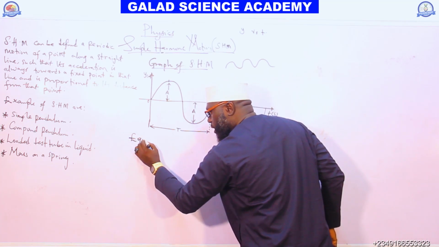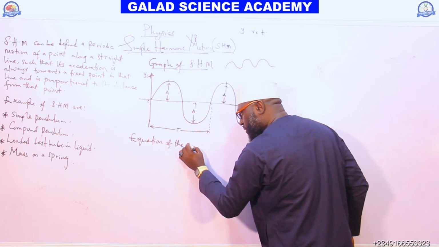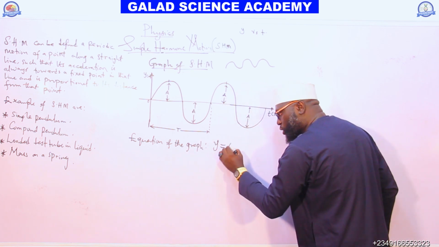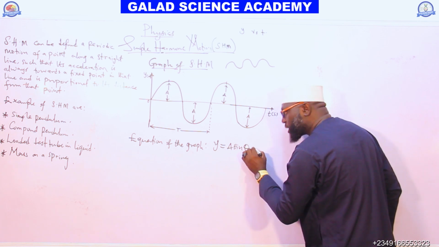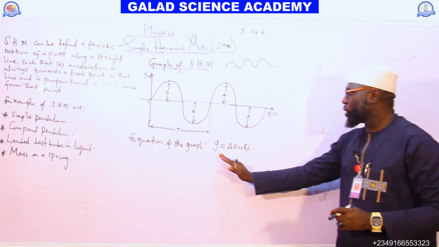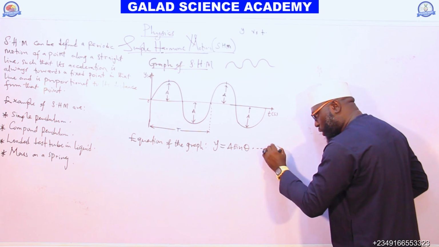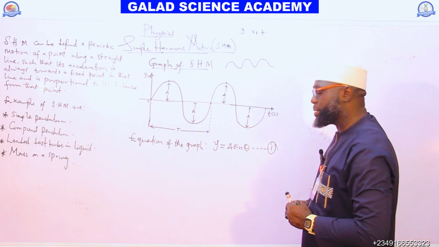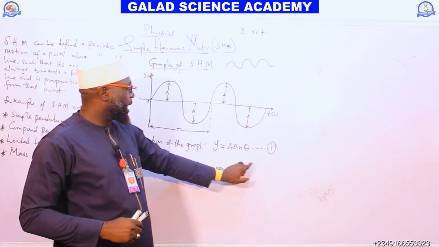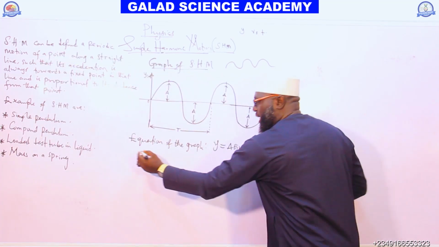And the equation of the graph is y equals A sin theta. That's the equation of the graph; you can call it equation 1. If you still remember in circular motion, this theta is known as the angular displacement.